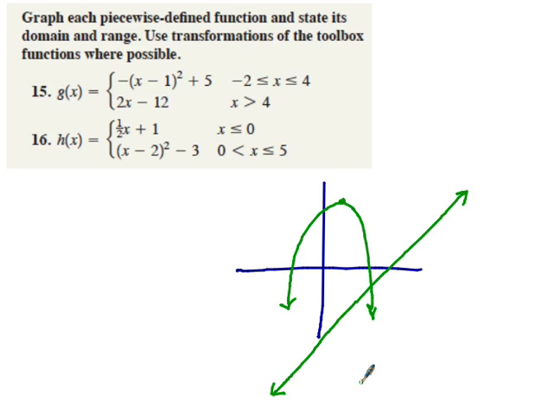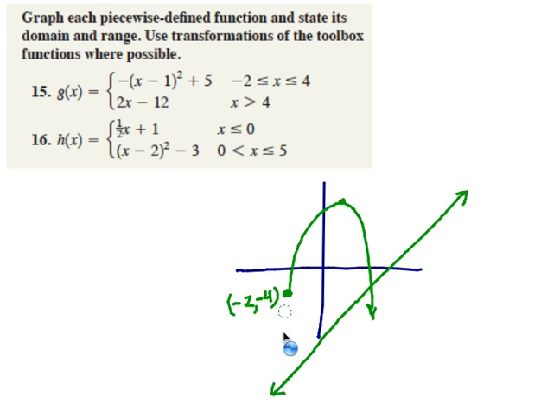This is from negative 2 to positive 4. At negative 2, we end up with negative 9 plus 5, which is negative 4. So I end up with an endpoint at negative 2, negative 4. After we evaluate that, anything beyond that doesn't matter to us, so you can erase it.